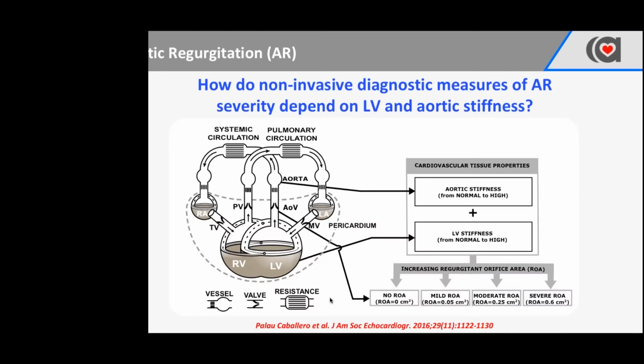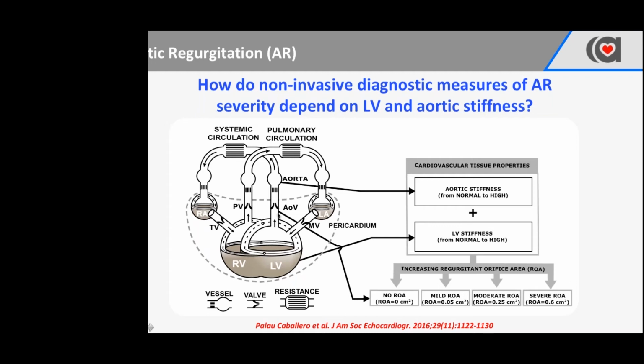Now, actually, this is already the slide with respect to aortic regurgitation, because that is another application of how we could use the model. It was a TriSeg model with the valvular module, and we tried to estimate how diagnostic measures of AR, aortic regurgitation severity, depend on the left ventricular and aortic stiffness.